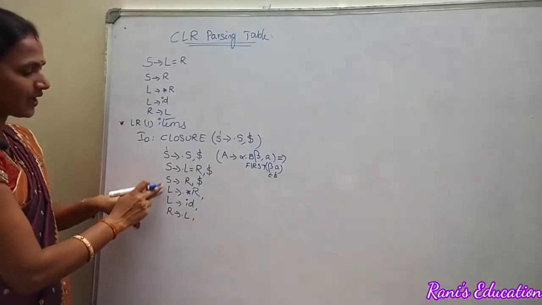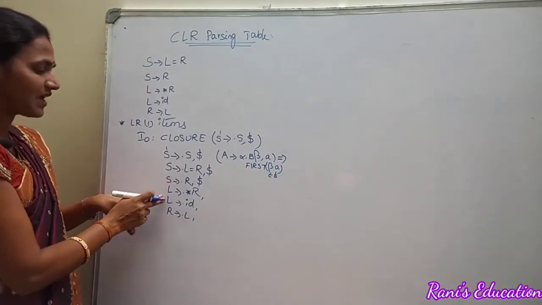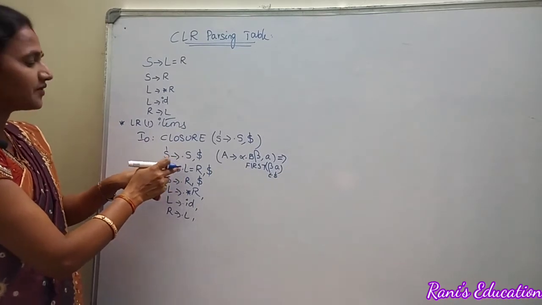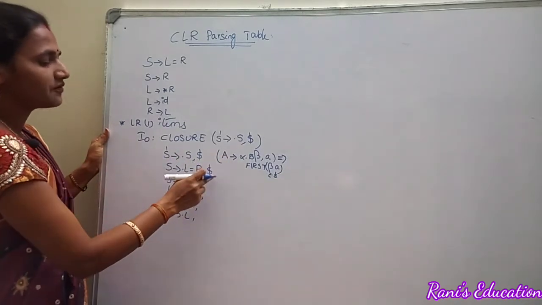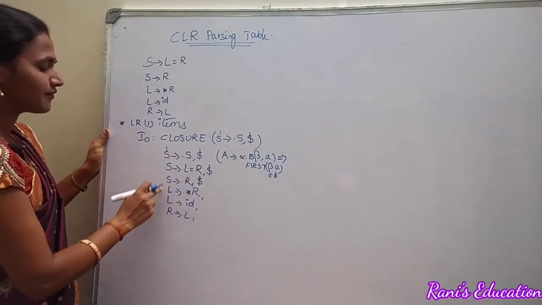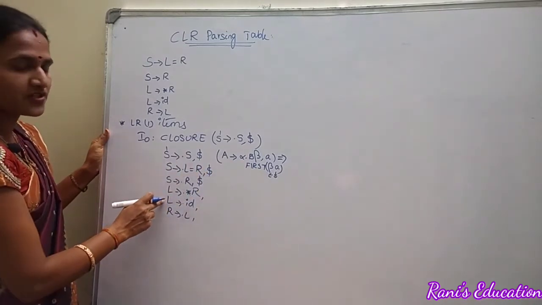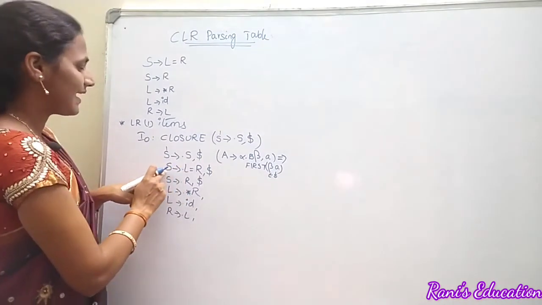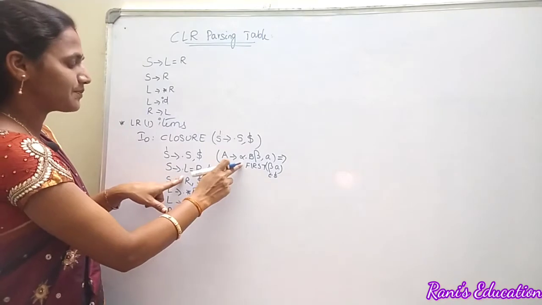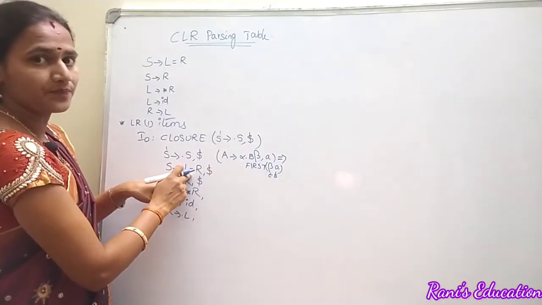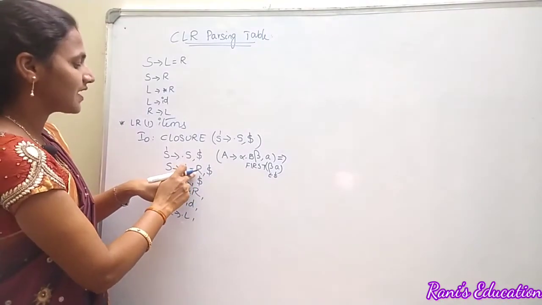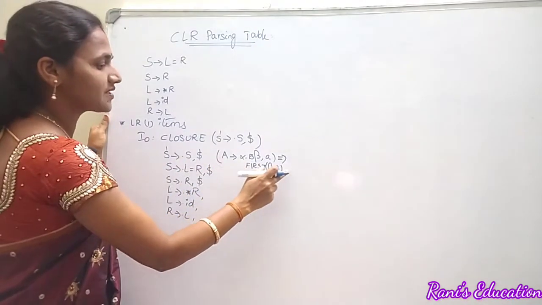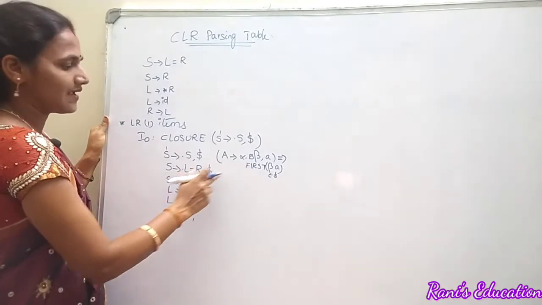Now move on to the L productions. With respect to which production have we written them here? With respect to the second production. Now we are going to apply this rule to the second production for the computation of lookaheads for the L productions. Here A is S, alpha is epsilon, B is L, and beta is equal and the non-terminal R, and a is dollar.